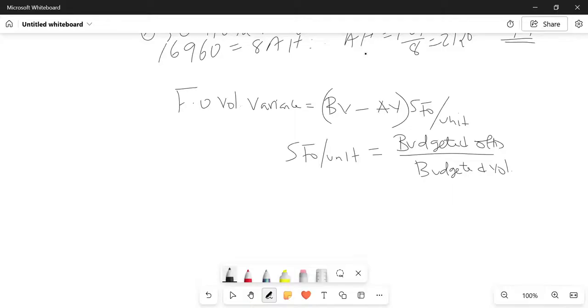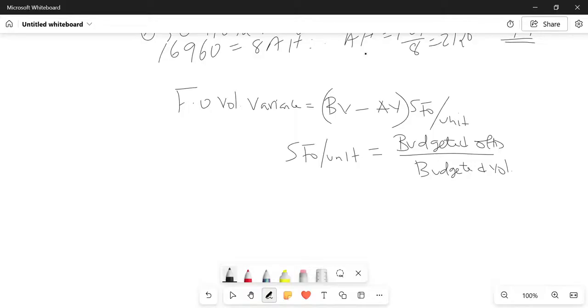Do we have these standard fixed overheads per unit anywhere? We even have it. Is it 10 or 50? You see, 10 is per hour, and we have got 5 hours. So each unit will be how much? 50.